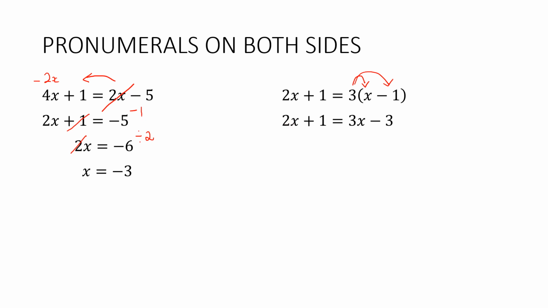So I'm going to move this 2x. It goes over the other side as -2x, because that's a positive 2x, like this. And rewrite it. We get 1 is equal to 3x take away 2x is x take away 3. Make sure that makes sense to you. And now I'm going to move this -3 over. It becomes +3. So 4 is equal to x, or I can turn it around. x is equal to 4.